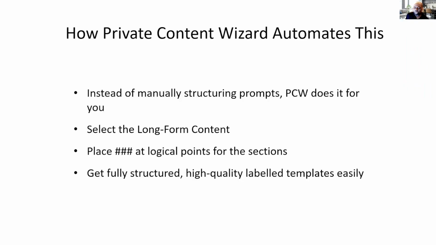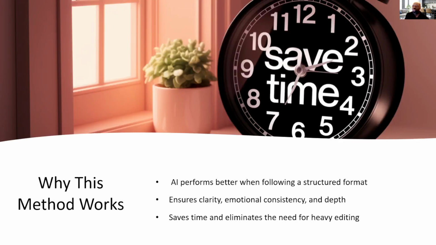So, why does this method work? You see, AI performs better when it's following a structured format. Because it's not using too many resources trying to organize its structure, it's only focusing on what you're asking it to write, and on the examples you're giving it.